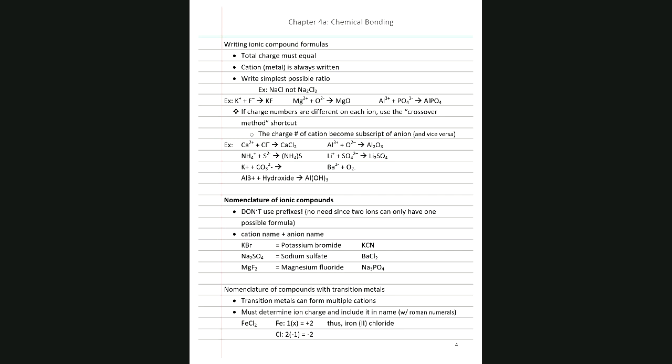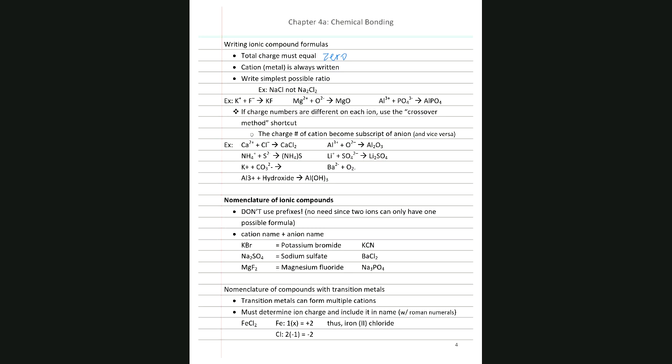So when we're writing ionic compound formulas, remember ionic compounds, although they're made of charged bits of ions, the charge must be equal to 0. When you add up the negative charges and the positive charges, they must equal 0, so that ionic compounds are neutral by definition.